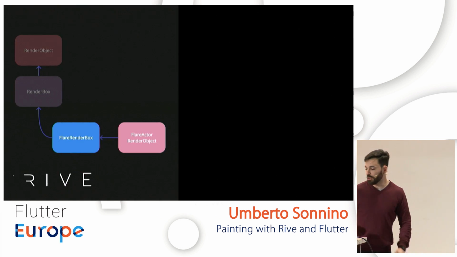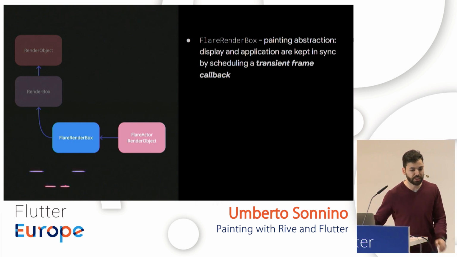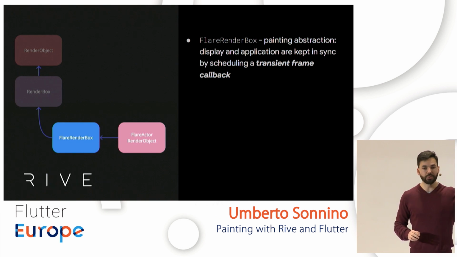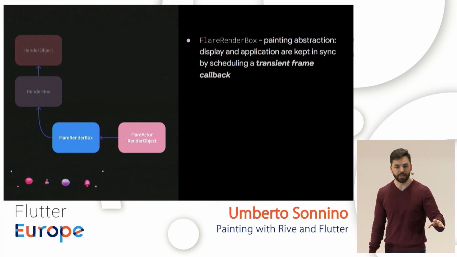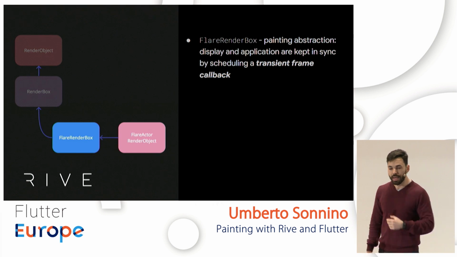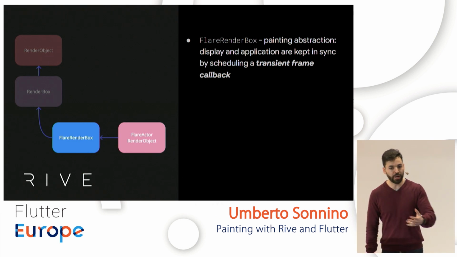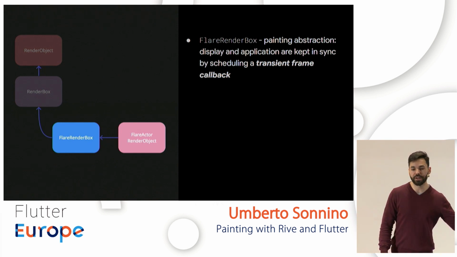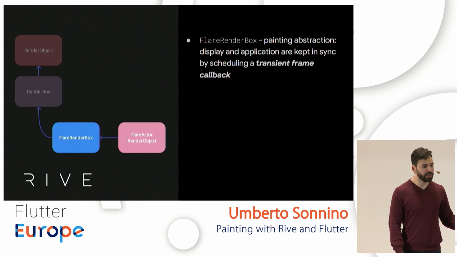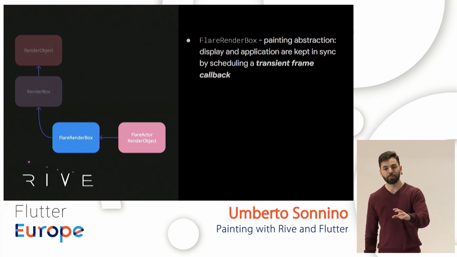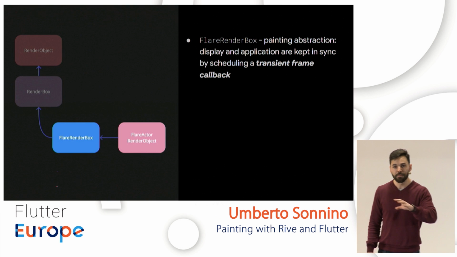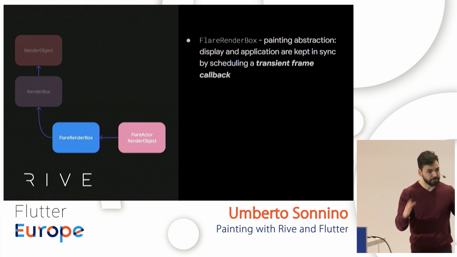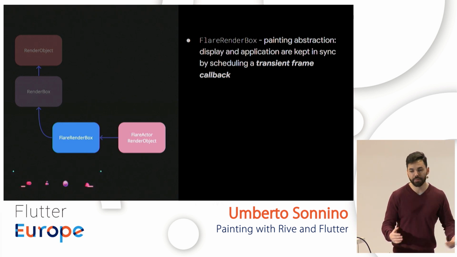So just to give you an overview of the object structure, we've seen the render object, and we've seen that the render object gets extended by the render box, which is less abstracted. And we're going to use an extension of RenderBox exactly as in the example before, which is the Flare RenderBox. In our runtimes, if you peek through the code, you're going to see that the Flare RenderBox is an abstract class that's responsible for displaying the Flare file and also advancing the animation.